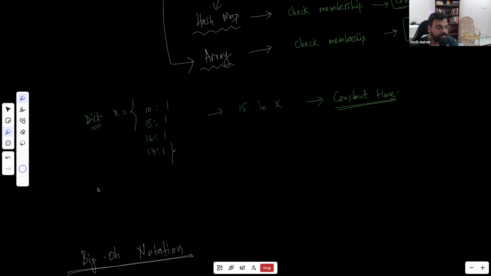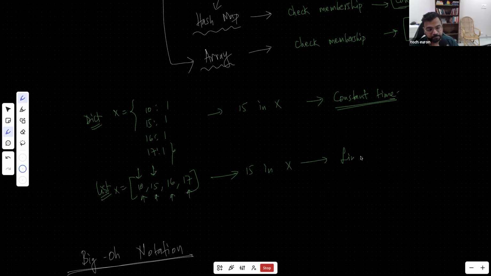But if you have to do it in a list, suppose you have a list like 10, 15, 16, 17, and you have to check membership of 15 in X, then you have to go and check. First we compare 15 with 10, are they equal or not, no; then we go to 15 and check, yes it is. So you have to go and compare with every element to find out whether that element exists or not. That's why it becomes linear time.